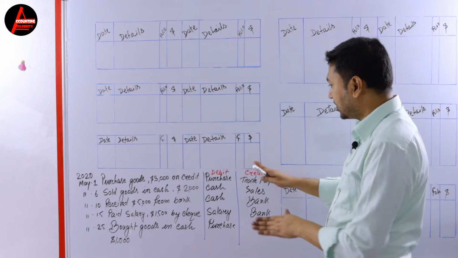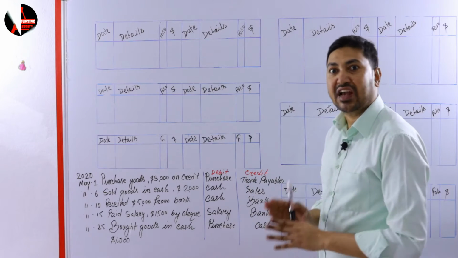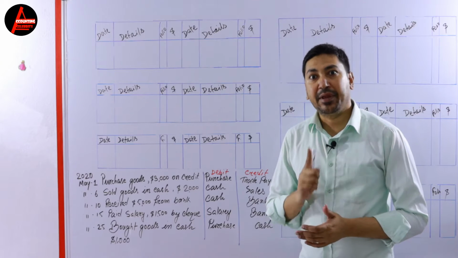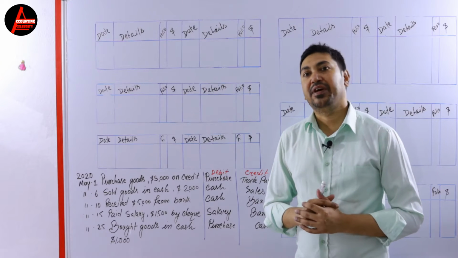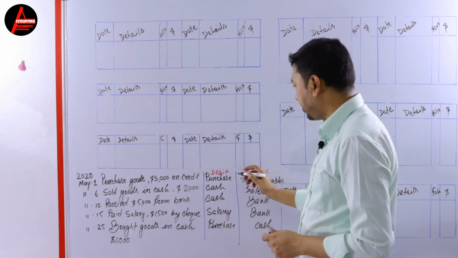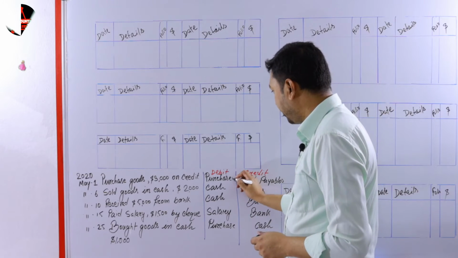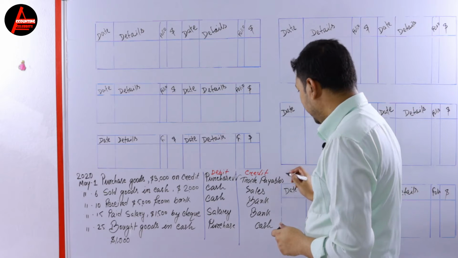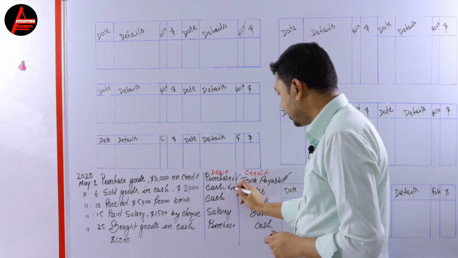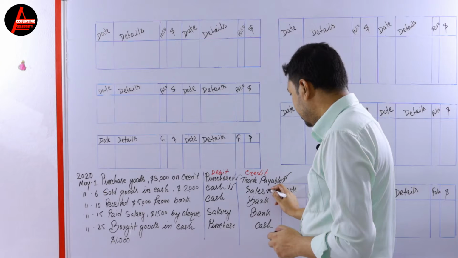From these 10 accounts, we need to extract how many ledgers there will be. For each and every individual account, we need to prepare a ledger. Yes, we have purchase, so we need to prepare a purchase ledger. We need to prepare a trade payable ledger. We need to prepare a cash ledger and a sales ledger.